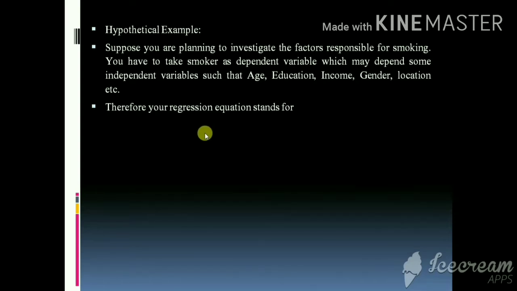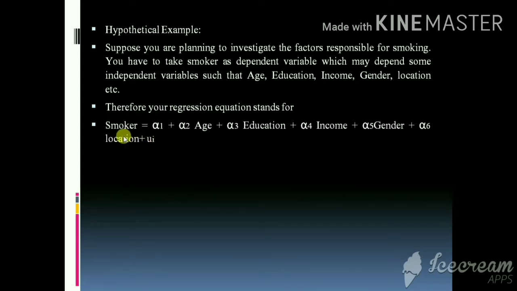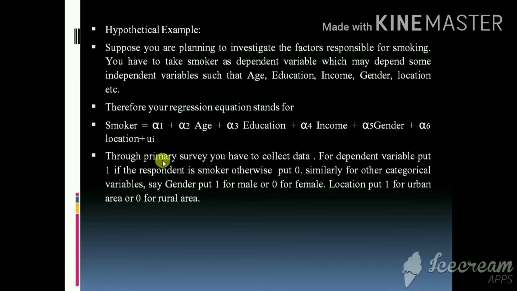Therefore, your regression equation stands like this: smoker, the dependent variable, equals intercept alpha 1, plus alpha 2 age, alpha 3 education, alpha 4 income, alpha 5 gender, alpha 6 location, and the error term. There may be some other variables not included here, which may be captured in the error term. Now, through a primary survey, you can collect the data.